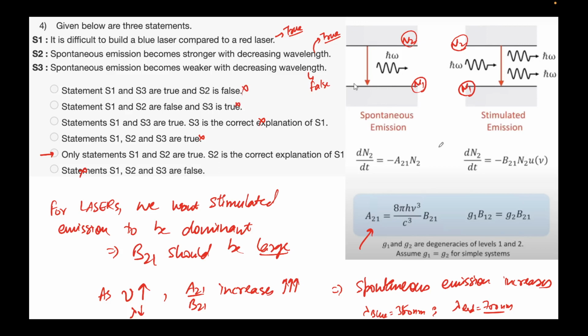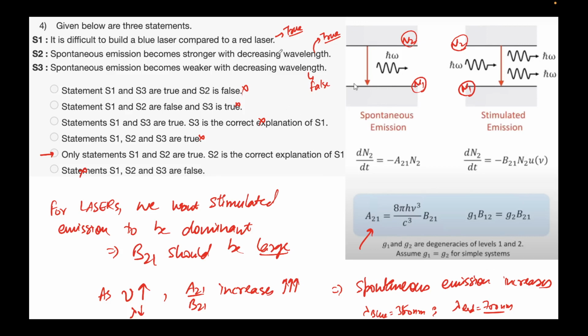So this derives from the fact that I'll just summarize that they're competing. Spontaneous and stimulated emission, they're competing. It solely depends on these constants, the Einstein constants A21 and B21, and we see it's dependent on frequency. So as the frequency increases, spontaneous emission increases, or otherwise you can say that as the wavelength decreases, the spontaneous emission increases.